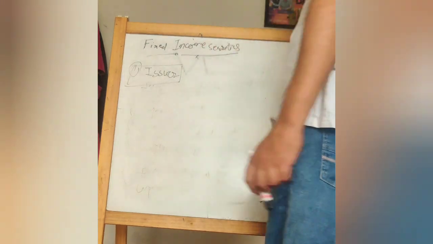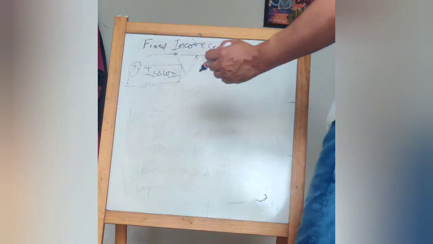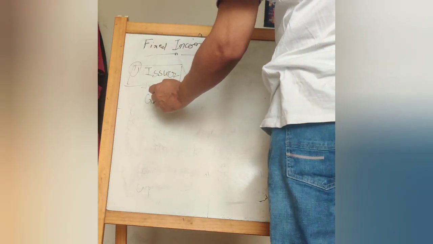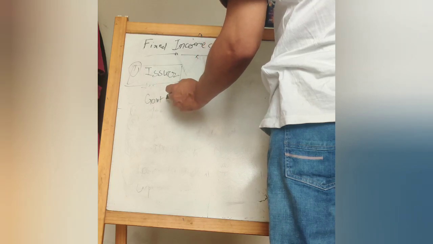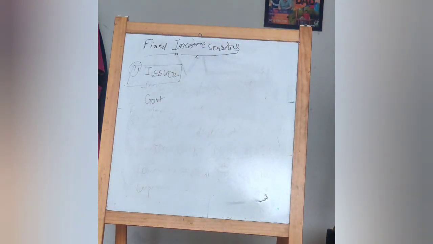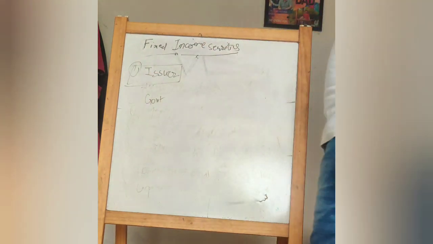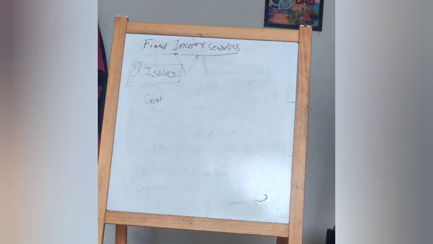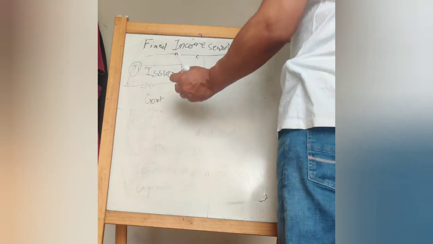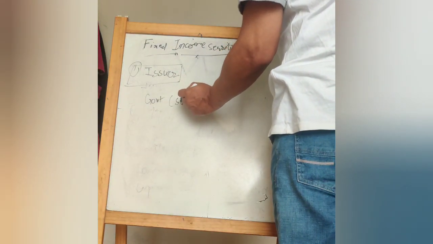Who can issue bonds? The first category is the governments or the sovereign, like the Government of India, maybe the US government, UK government, Sweden, Germany. Securities issued by the government are also known as sovereign bonds.